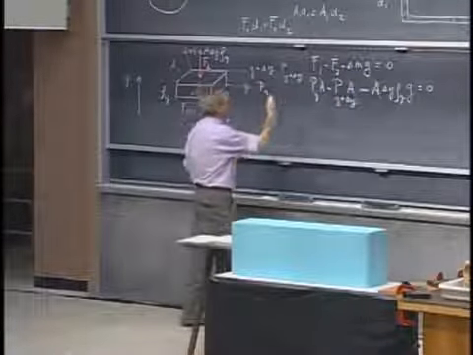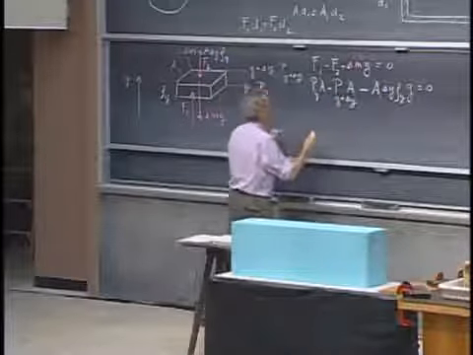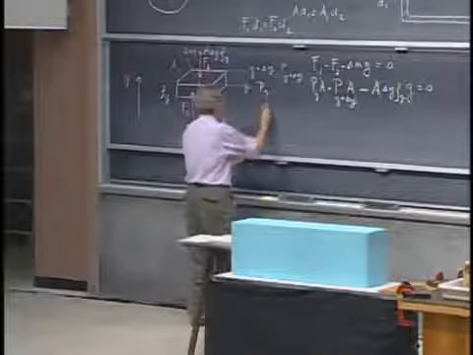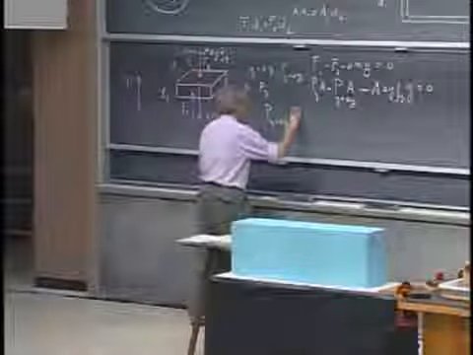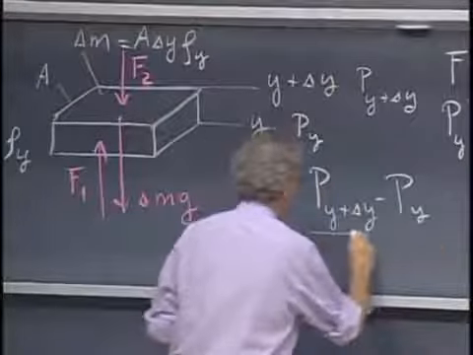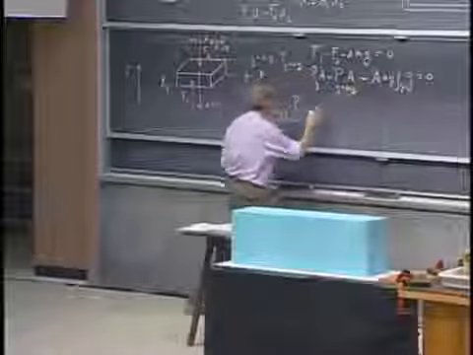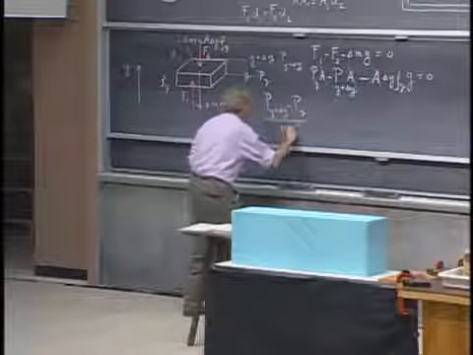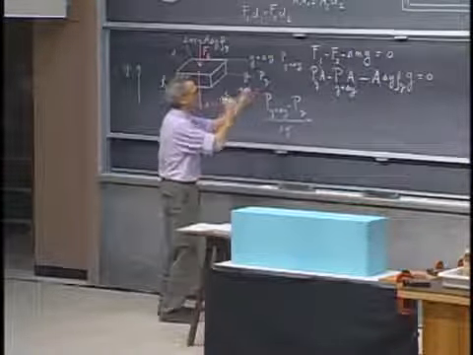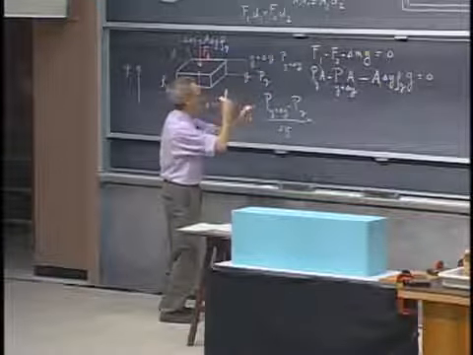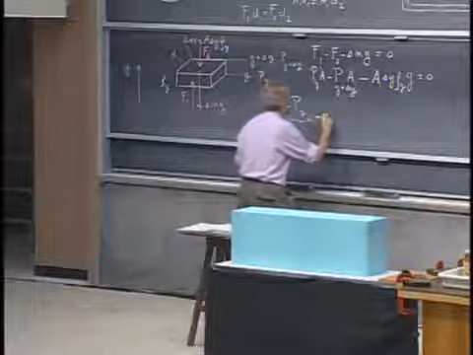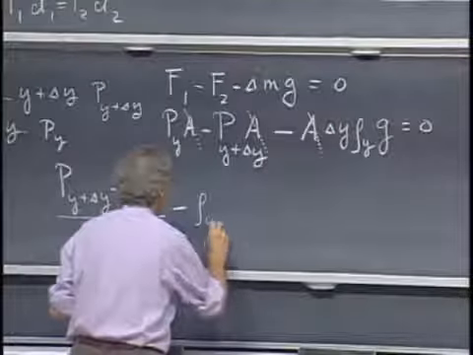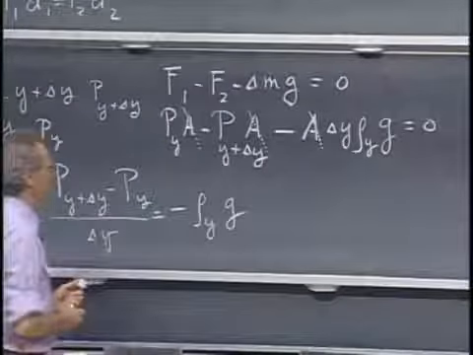I'm going to rearrange this slightly and divide by delta y, and so I get that P at the level y plus delta y minus the pressure at level y, divided by delta y, equals, if I bring this to the other side, minus rho of y times g.